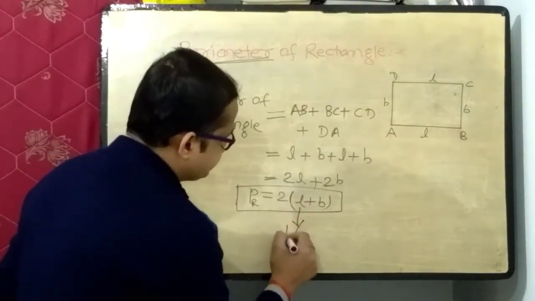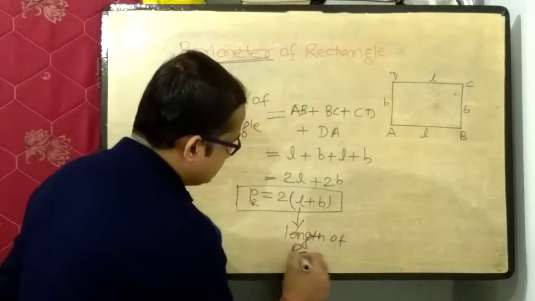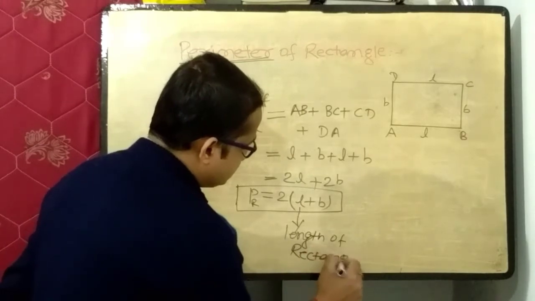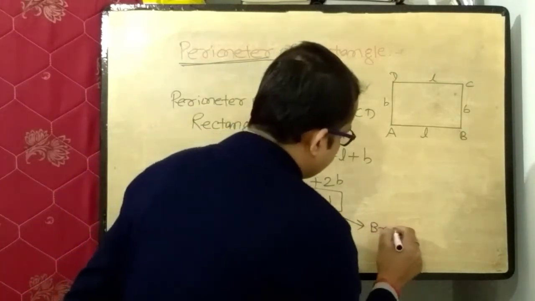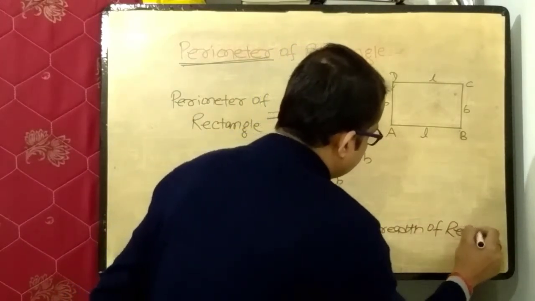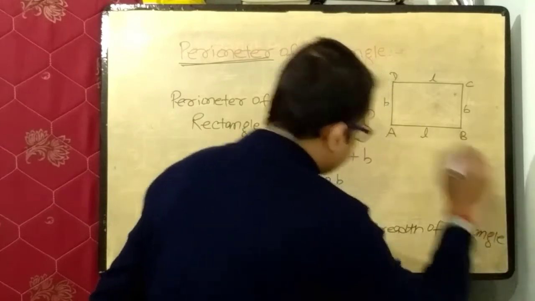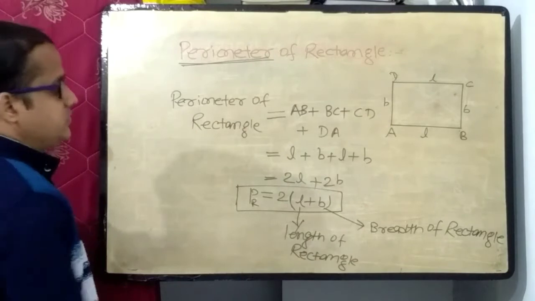This is the length of the rectangle and this is the breadth of the rectangle. Here there are 3 variables.